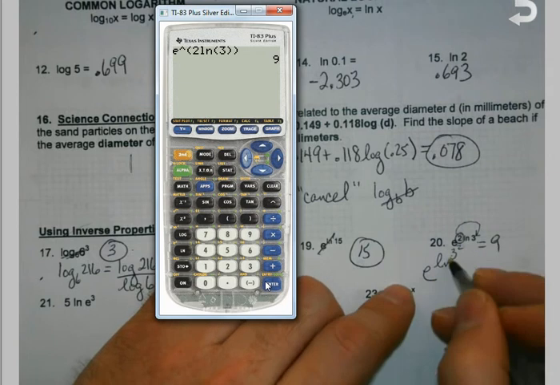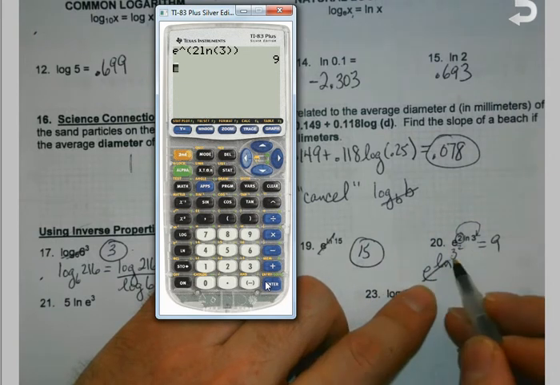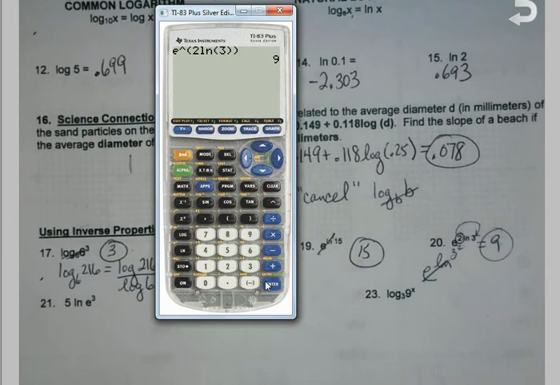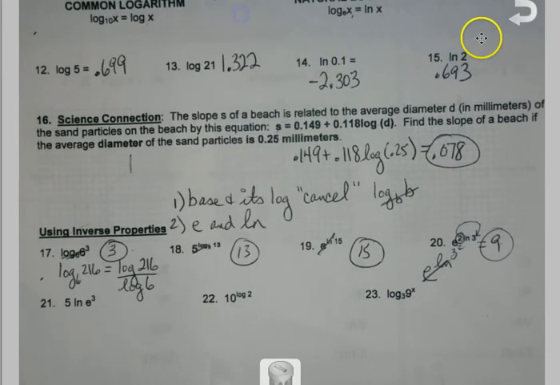Yeah. e and natural log cancel, or are inverses, and then 3 squared is where the 9's coming from. But again, I can just put it on my calculator. I know. But if you understand where things are coming from, if you do something screwy sometime and get a weird answer, you'll be like, that doesn't make sense, and you'll be able to fix it. And that's what I'm really going to keep stressing to you. Now, this is the one that drives people nuts.